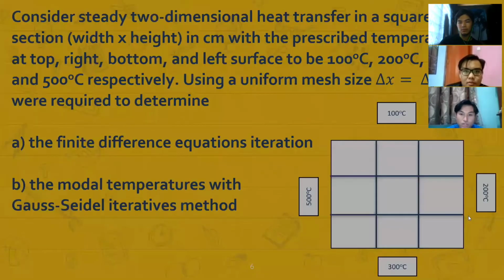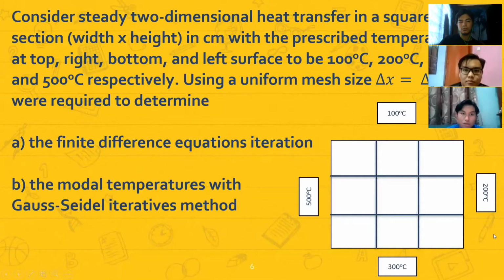For the engineering problem, we will consider two-dimensional heat transfer in a square cross-section, which is width times height in cm, with the prescribed temperature at the top, right, bottom, and left surface to be 100 degrees Celsius, 200 degrees Celsius, 300 degrees Celsius, and lastly 500 degrees Celsius respectively.